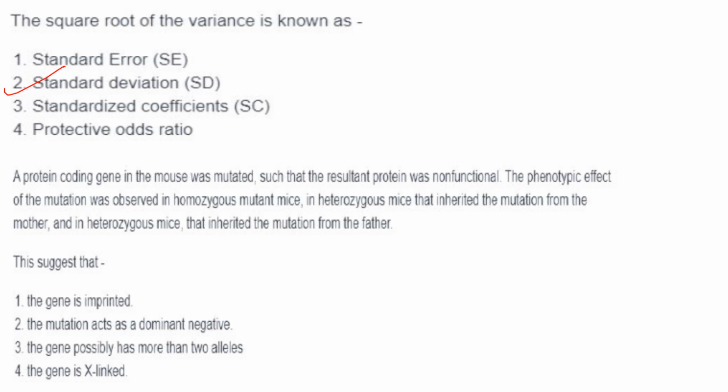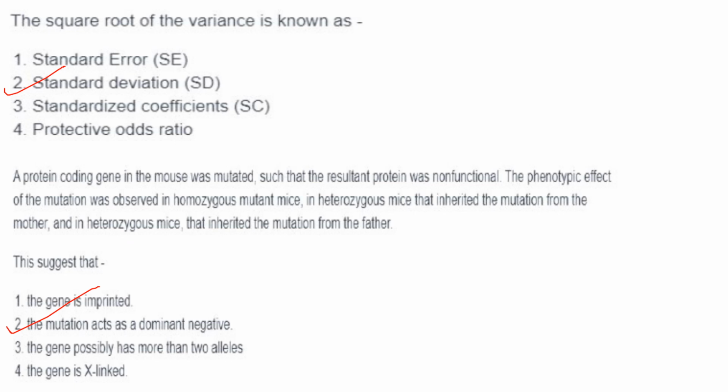So what is dominant negative mutation? It is the type of mutation where the protein will lose its function but also interferes with the function of the normal protein that is produced by the other allele. That is dominant negative mutation.